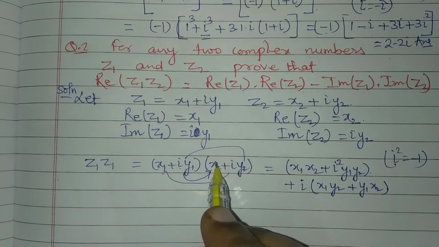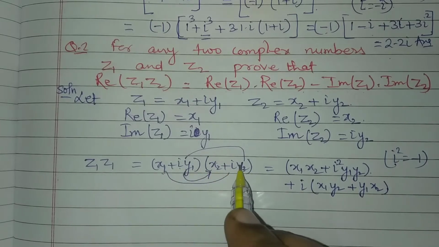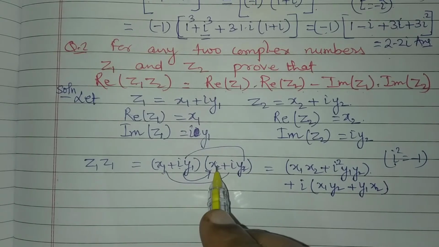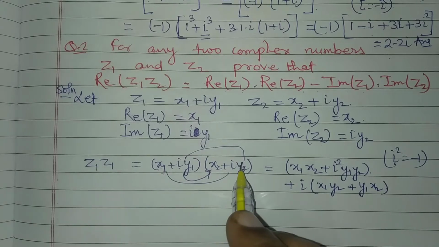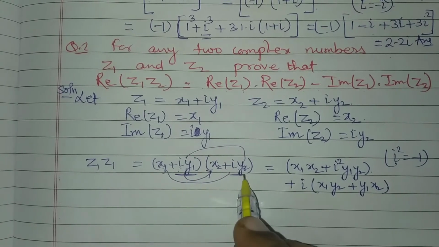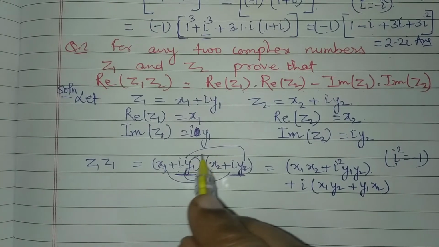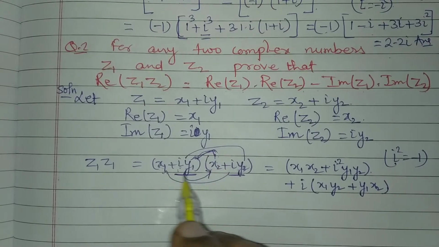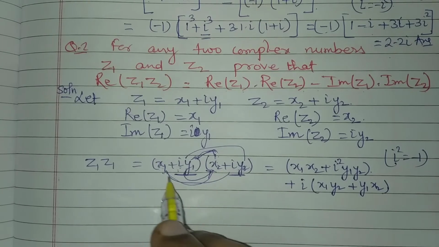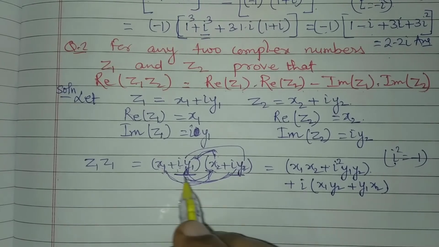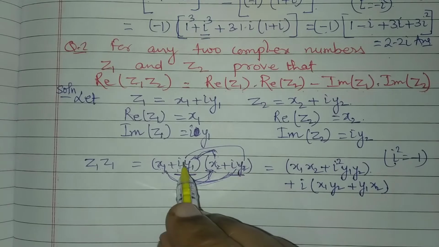So here just you have to do the multiplication. First you will multiply x1 x2, and then you will multiply iy1 into iy2, and after that you will multiply x1 into iy2, and then you will multiply the remaining terms.